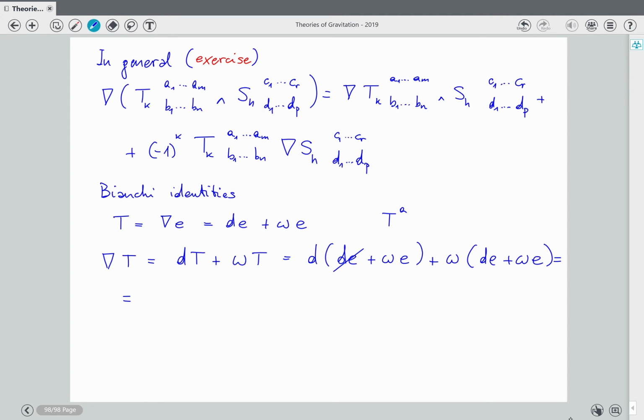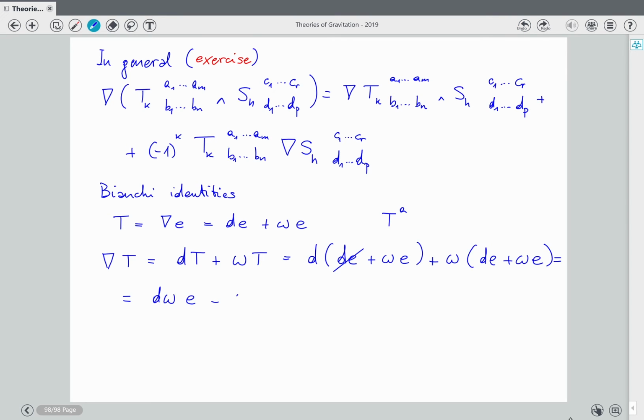Then you have d omega E, and here we can apply what is the exterior derivative of the wedge. So you have a Leibniz rule like this, plus, since d is a fermion, because it's a one-form, degree 1, and omega also, you have a minus sign.